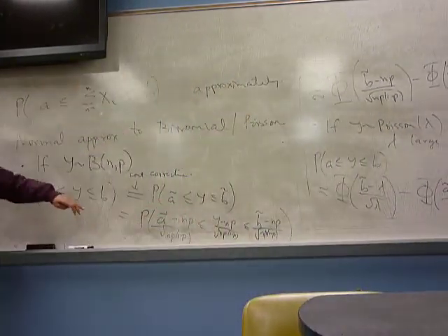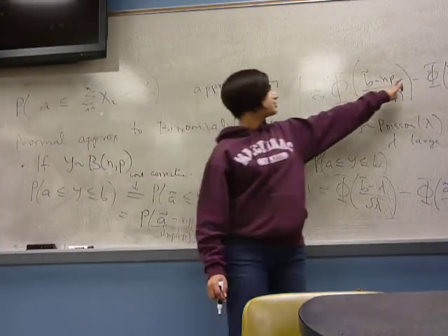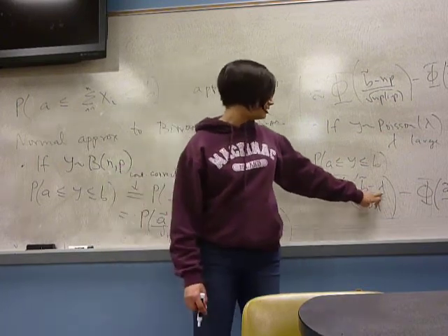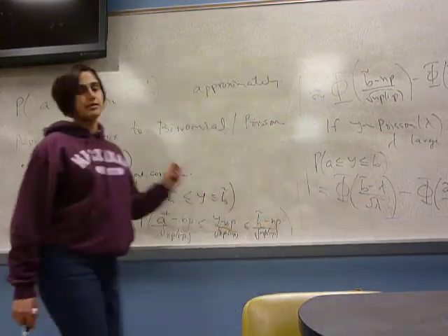So the same thing as in binomial. For binomial, the mean that you subtract is np, the variance is np(1 minus p). For Poisson, the mean is lambda, the variance is also lambda.